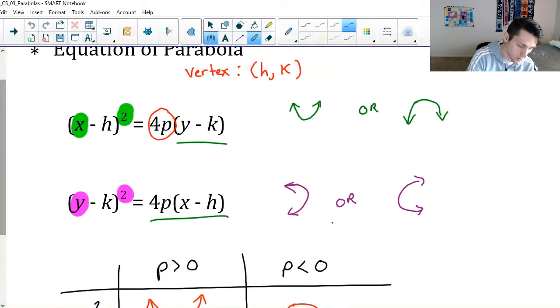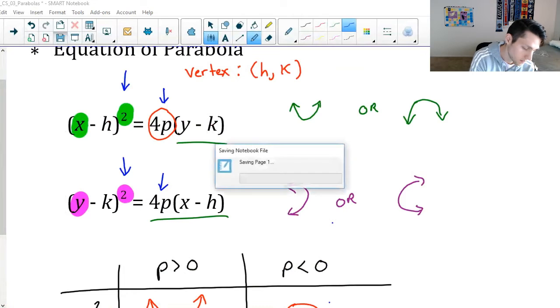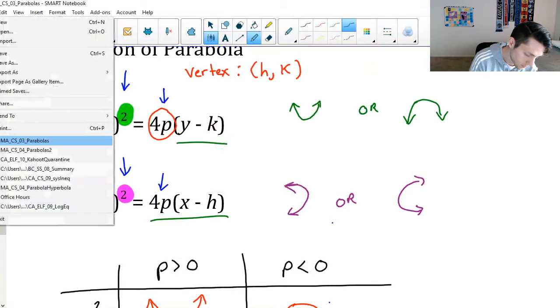And remember, the squared portion is always just over here by itself. If there is just a coefficient, then that should be on the right side with the linear binomial, just x minus something or x plus something or y minus something or y plus something, either way. So let's come back.